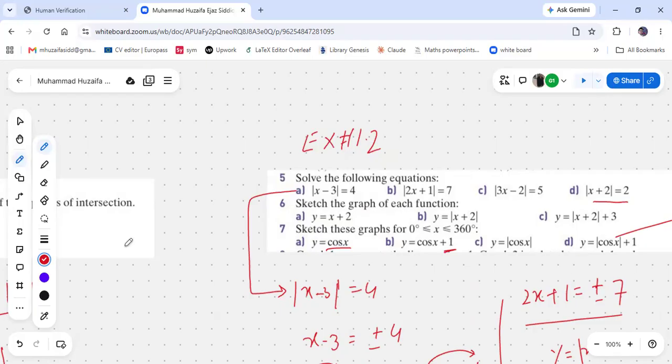But before this, you are doing this one part, and you are doing this one part. Okay. I'll do it. Okay, so 5D, right? Yeah.